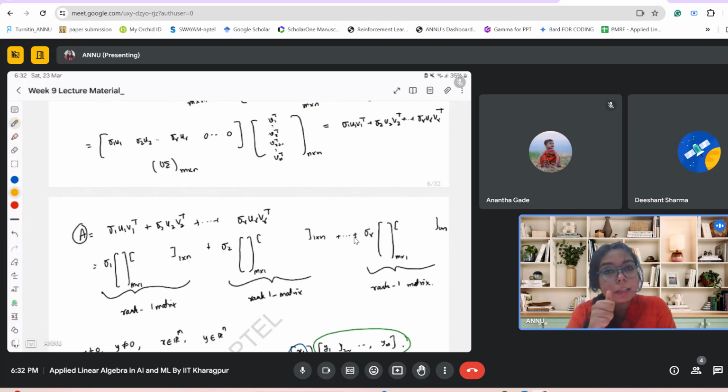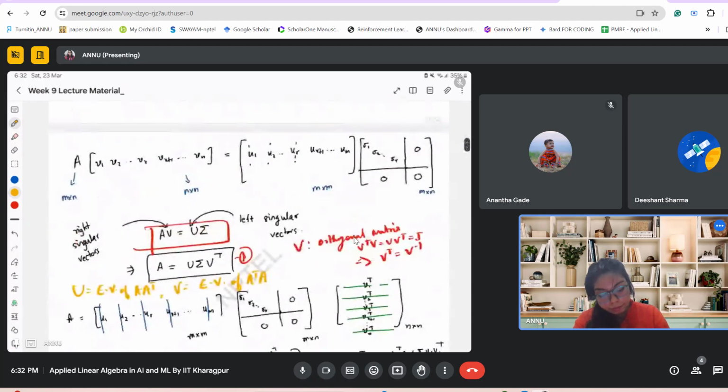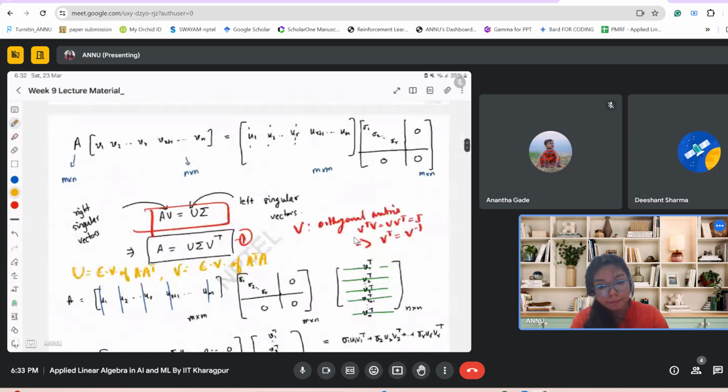One more thing we need to take care of: these are not just orthogonal, the columns are also orthonormal. Why are these orthonormal? Because we are multiplying with respect to sigma. Sigma is very important here. If you don't normalize the columns, this will scale up and scale down accordingly.